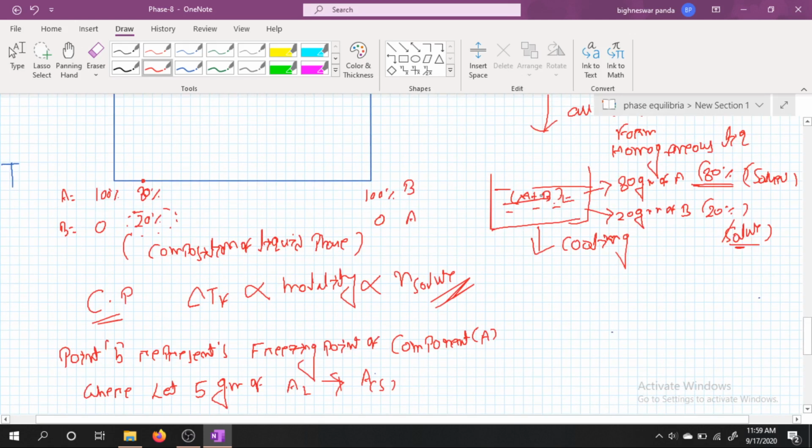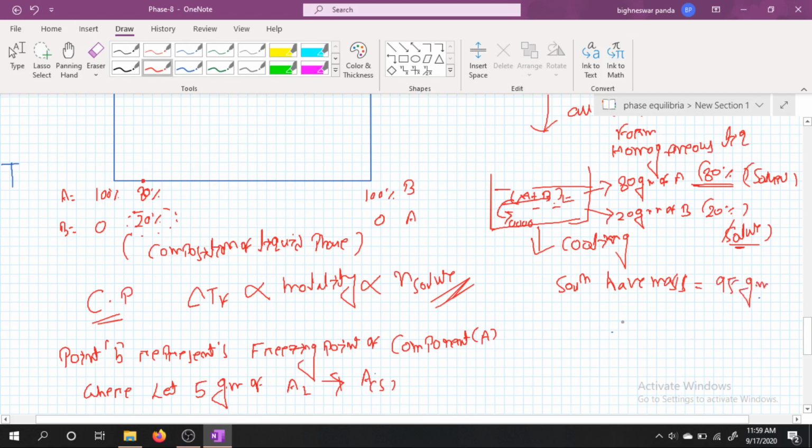So since 5 gram of A is converted into solid, the solution has a different mass. Initially the solution has a mass of 100 gram, but since 5 gram of A is converted into solid, the mass of the solution is equal to 95 gram. Then the solution composition changes.